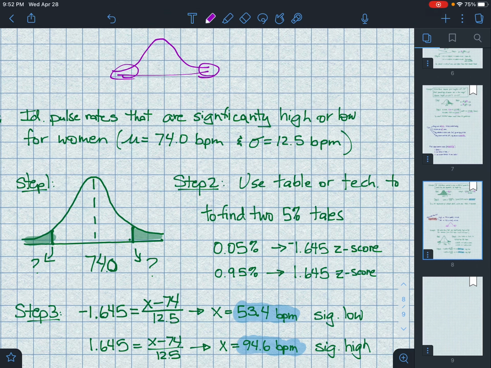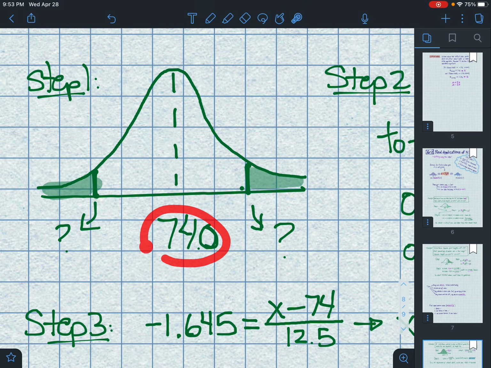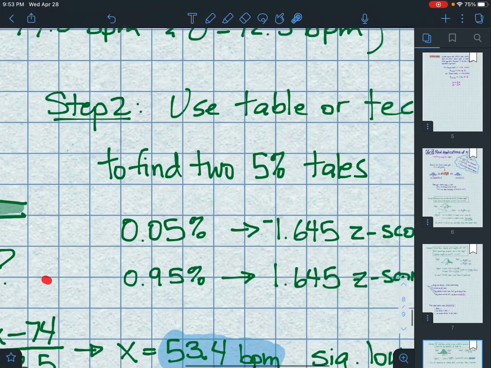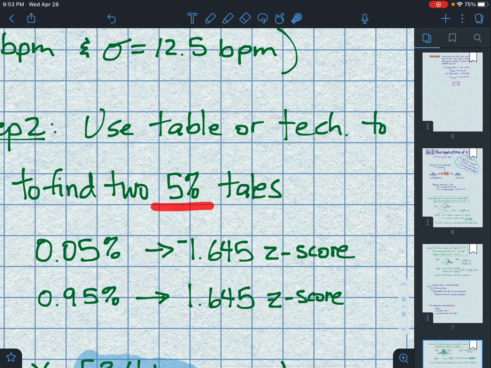So pulse rates that are significantly high or low for women, we're given the average, mean, and the standard deviation of pulse rates, beats per minute. That's what BPM stands for. So step 1, there's my 74. Here's my upper and lower table, and again, I want to know what these are.